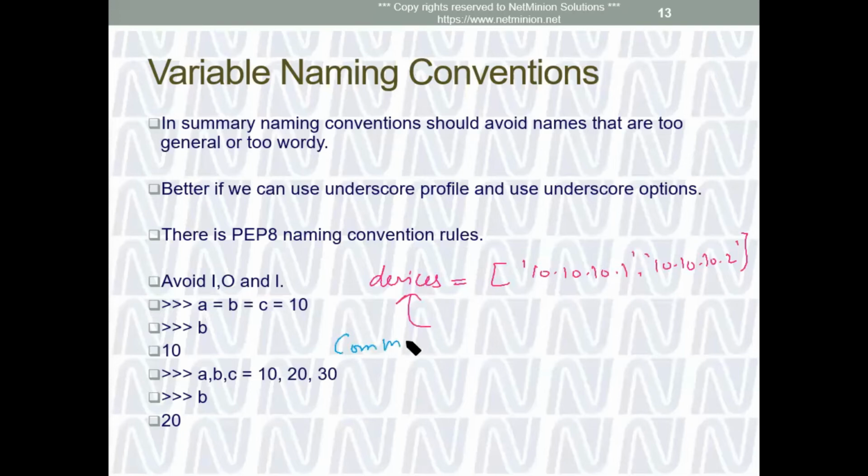Maybe I can use commands equal to show ip route, or maybe ping 4.4.4.4, any command. By checking this variable name, I can understand that I would be putting the commands over there.